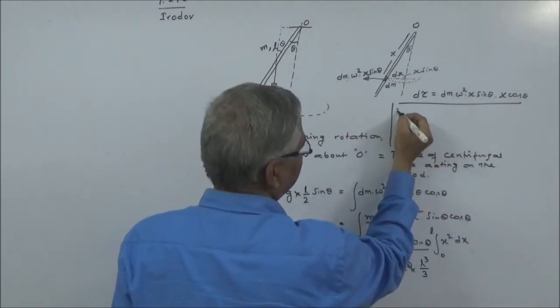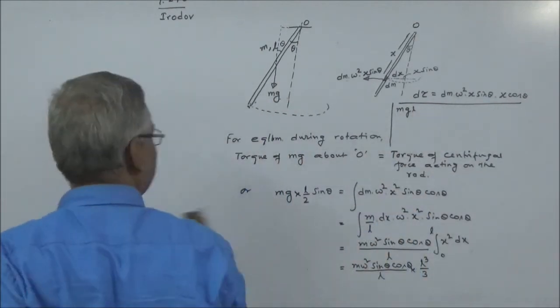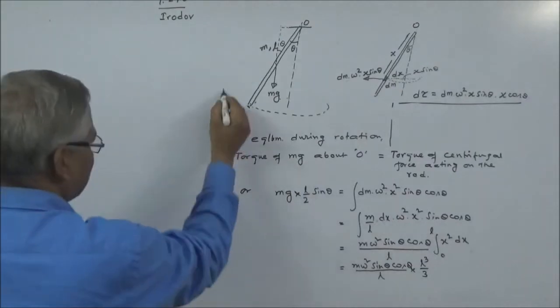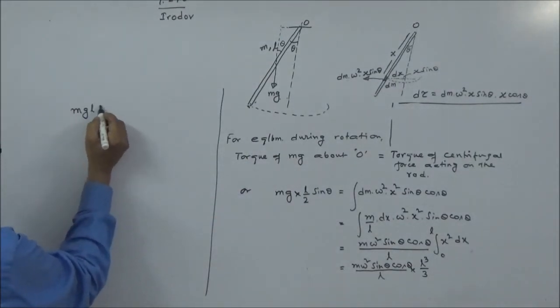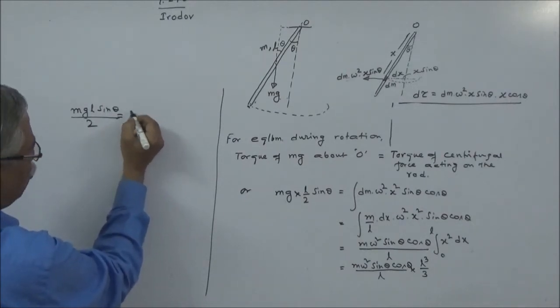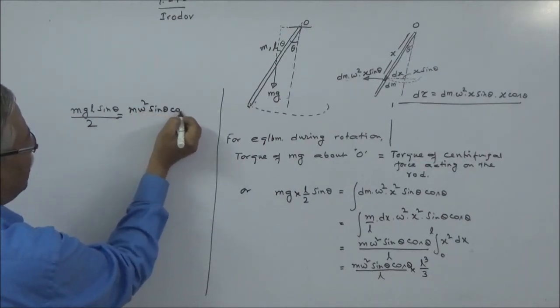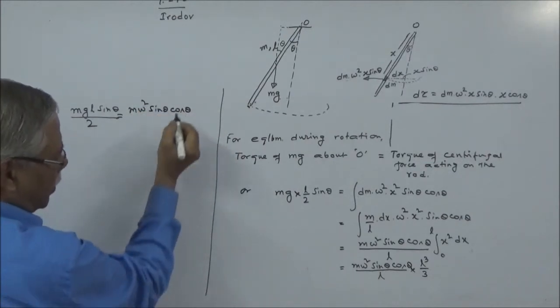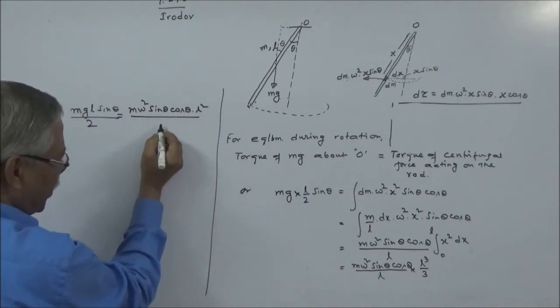Hence, mgL sin theta by 2 equals m omega square sin theta cos theta L square by 3.